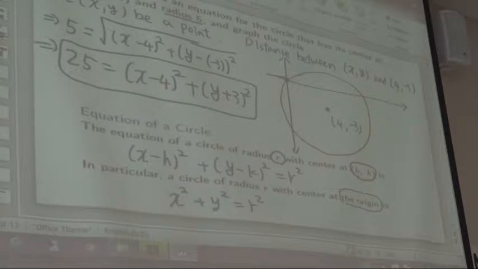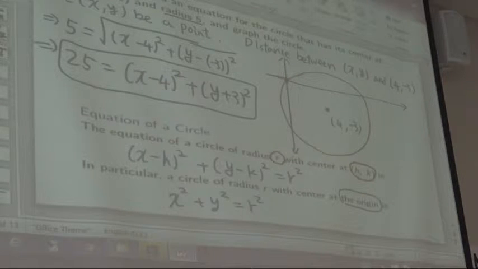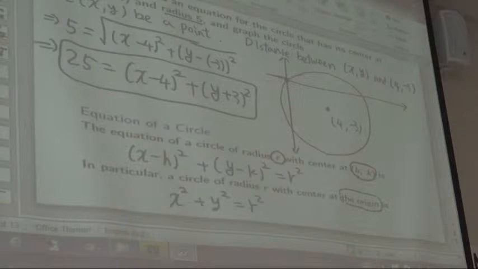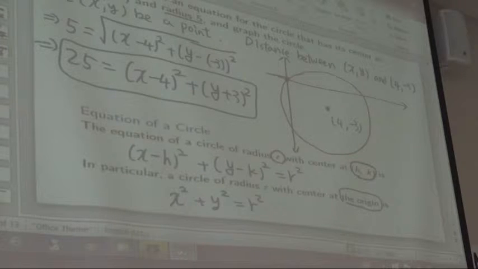The equation of the circle with radius r and center (h, k) is (x minus h) squared plus (y minus k) squared equals r squared. When the origin is the center, h and k are equal to 0, so we have x squared plus y squared equals r squared. That's the circle with radius r centered at the origin.